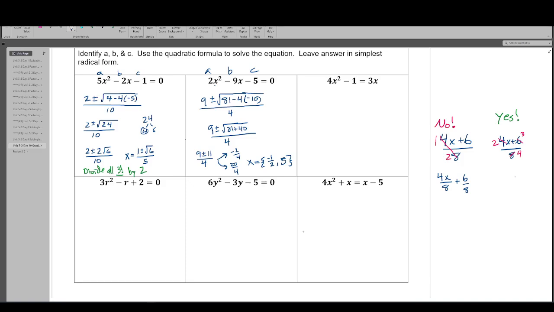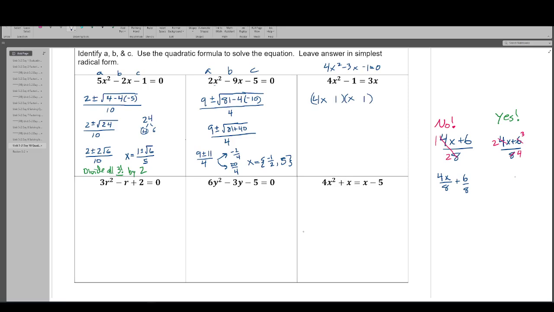Okay, this one I'm going to check. 4x squared minus 3x minus 1 is equal to 0. So we have a negative 4. Yeah, that factors because we can do 4x and x. And then we need to make 3. We need a 1 and a 1.